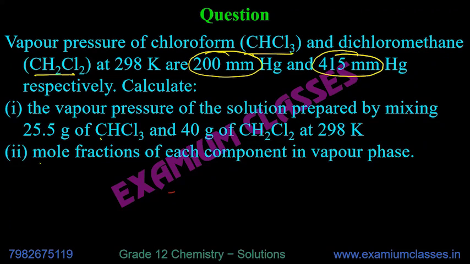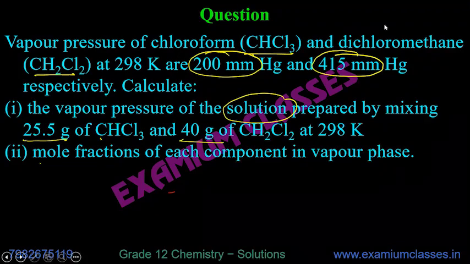You need to calculate the vapor pressure of the solution prepared by mixing a few moles of chloroform and a few moles of dichloromethane. You actually need moles. That's why I'm converting these masses to moles. So first understand the question, read the question carefully so that when I explain, you get the answer.